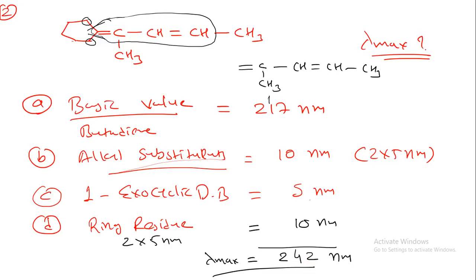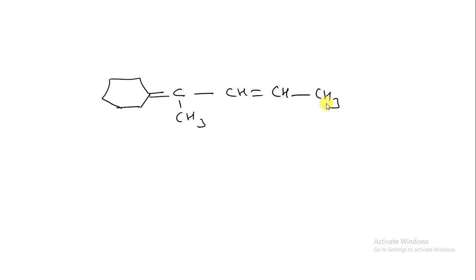Now let us understand ring residue again. I am explaining over here again. Suppose I draw the structure like this. In this structure we have CCH3 single bond, CH double bond, CH. Here I have a CH3 group. Now what I have to see is just the 1,3-butadiene system.